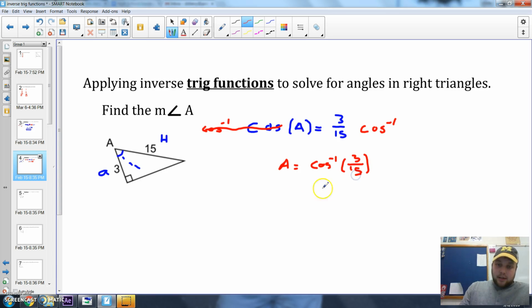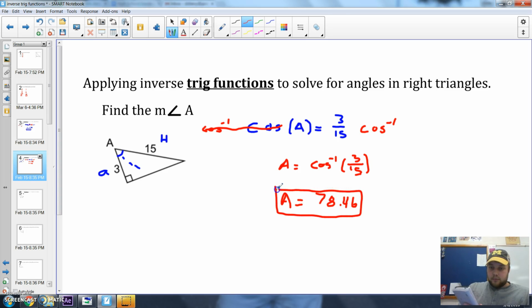So A equals, and I did this in my calculator, 78.46. Yeah, it's super easy, right? It's probably one of the easiest lessons you've learned. It's algebra. And you're like, oh, we're in geometry, but it's algebra.